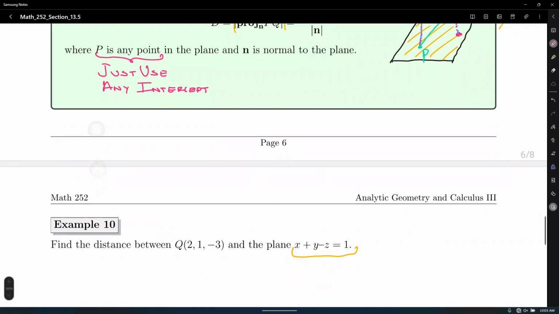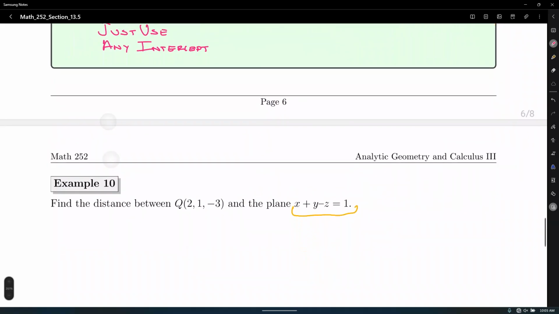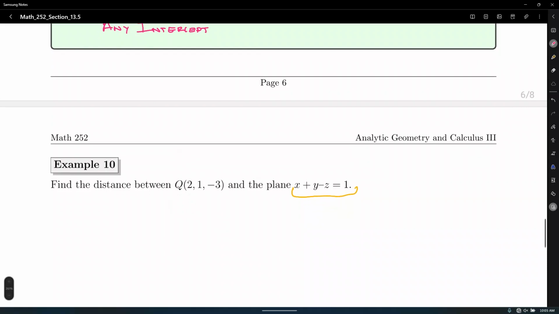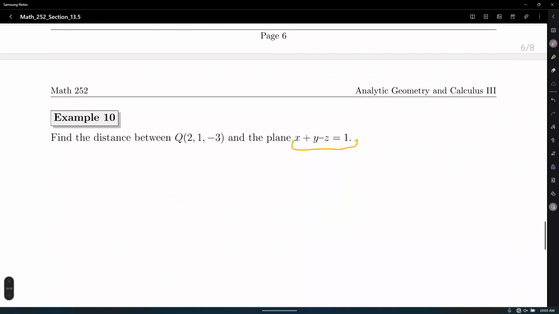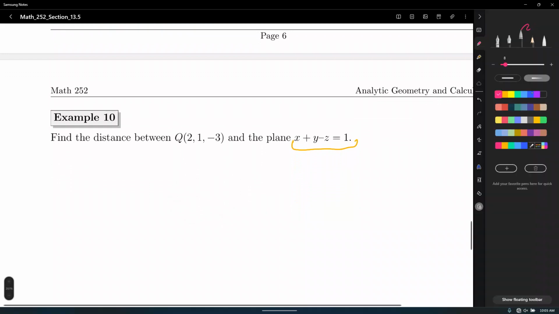All right. So actually, I don't have a GeoGebra for this one. I'm just going to do it by hand. I think it's easy to see this one by hand. Okay. So let me draw a plane again.